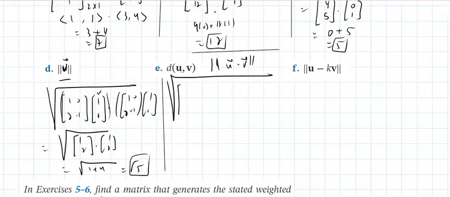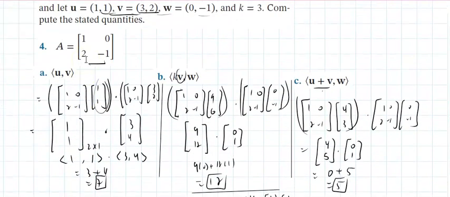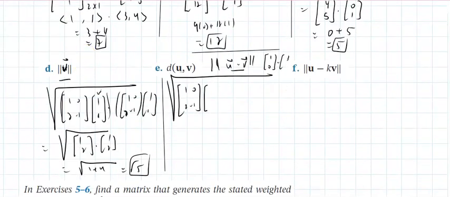So u minus v is simply negative 2, negative 1.